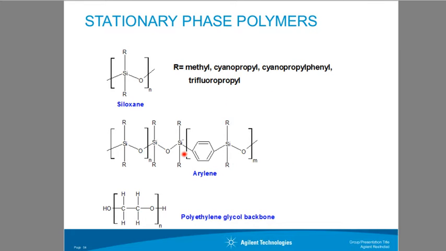We do have some that will put an arylene in there, which does change the selectivity a little bit. Also, it's a little more rigid, so sometimes you'll have less column bleed because of an arylene phase. And then the biggest difference in wall-coated columns would be a polyethylene glycol, which is a wax column. And as you can see structurally, they're completely different, so their interactions with analytes are going to be completely different.